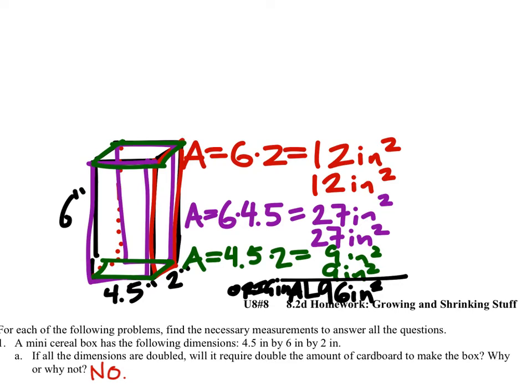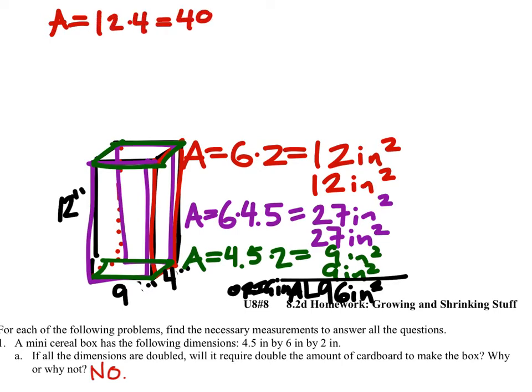Now what we need to do is double these side lengths and then figure out the new area. So now it's a 12, 9, and 4, a scaled version of this. The new area of the red rectangles is going to be 12 times 4, which is 48. But we have 2 of those, so I got another 48.